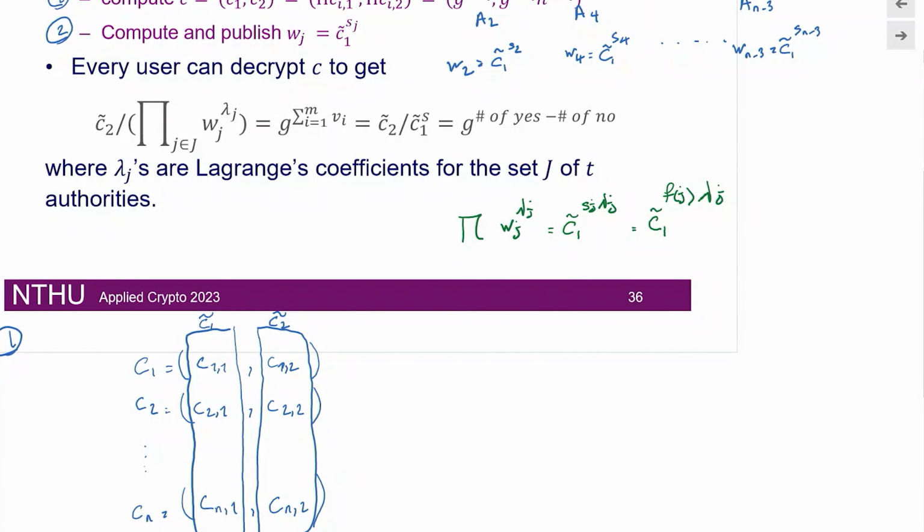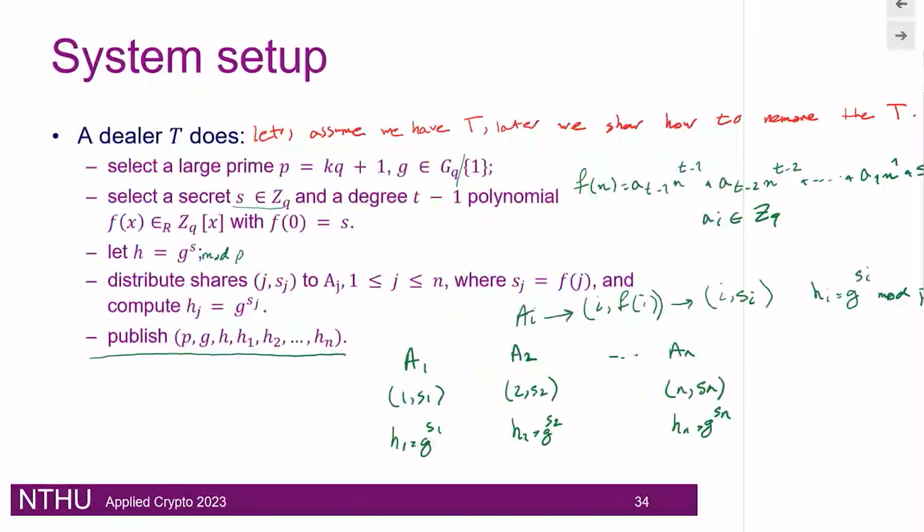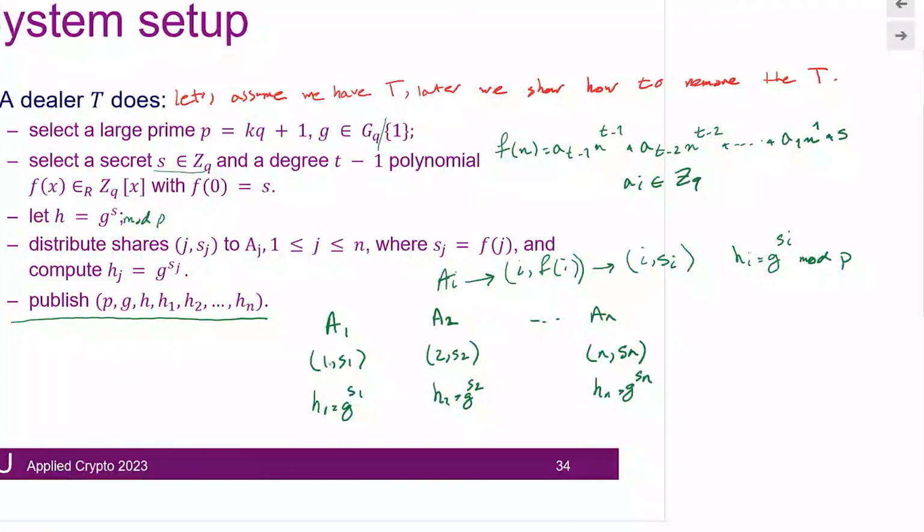So the only question is how do we compute these lambda j's? We know that we use fixed i's for computing that j. So let me go back. Over here, you see that we compute for every one: f of 1, f of 2, where S2 is equivalent to f of 2.